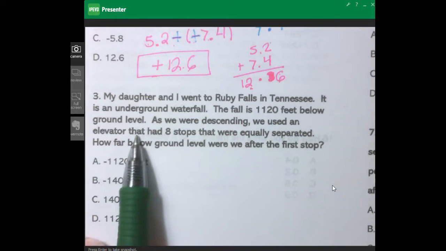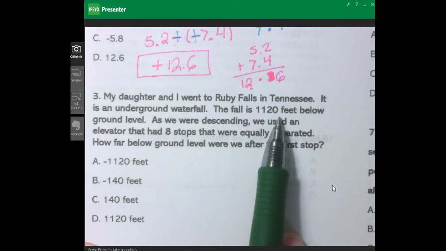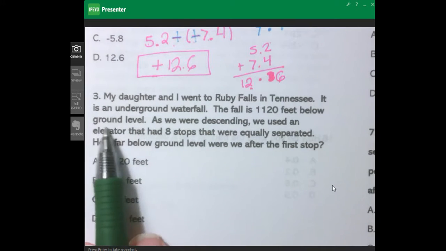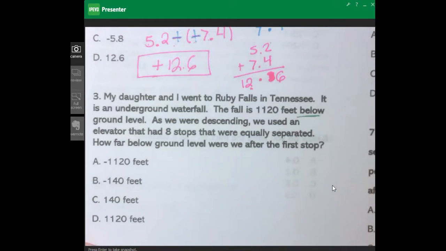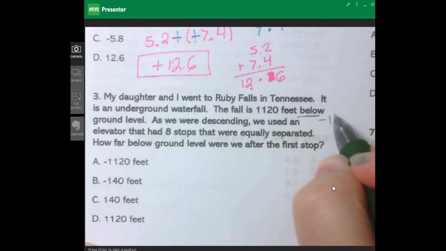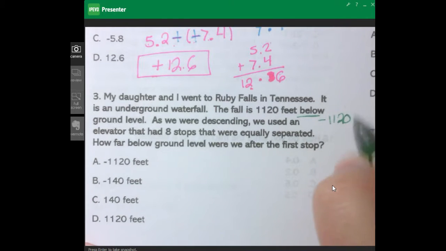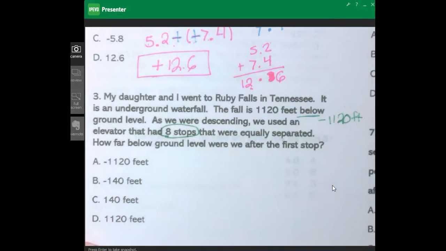A couple of things that we need to know here is that the fall was 1,120 feet below ground level. When I say below, this is telling us that we have negative 1,120 feet, a negative number. We know that the elevator had 8 stops.